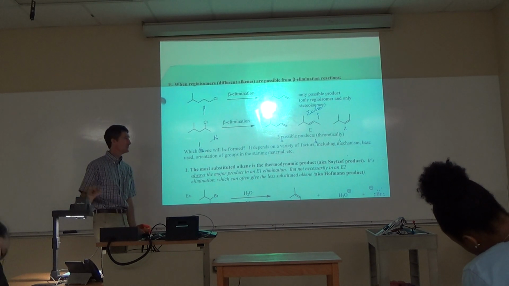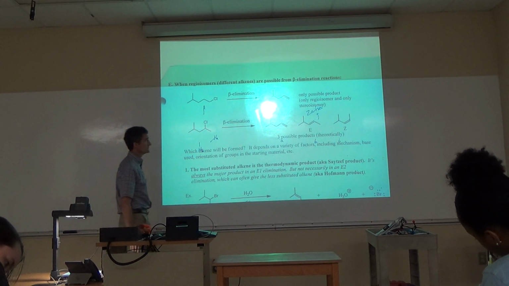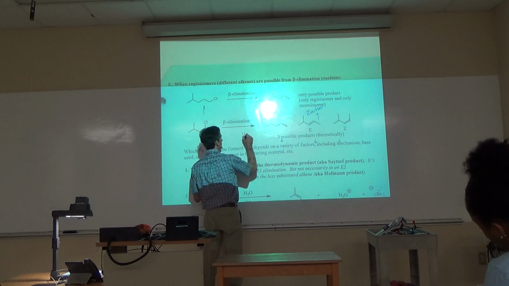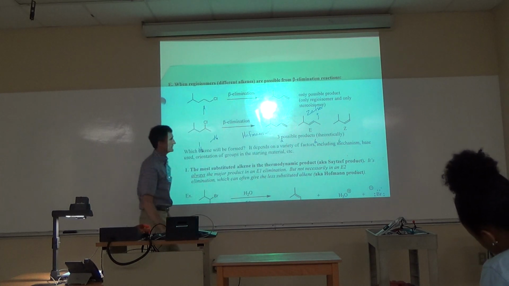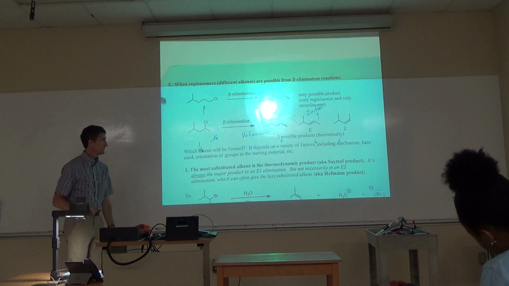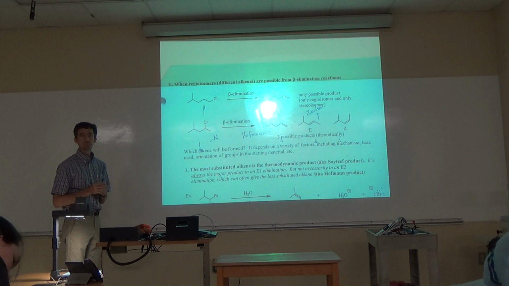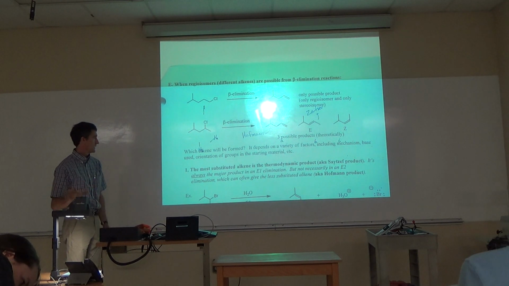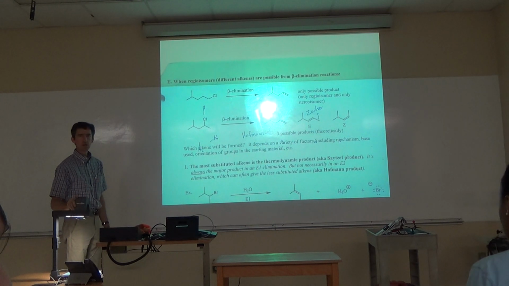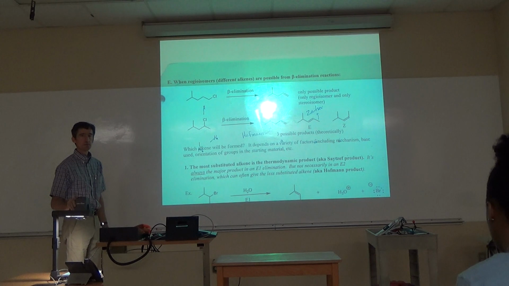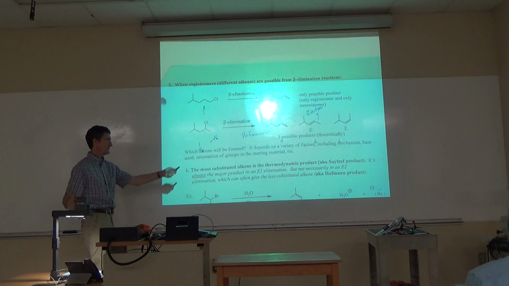In the context of elimination reactions, that's called the Hofmann product. It depends on what mechanism you're doing. But if it's E1, we get which product? Zaitsev. That's what it says, right?